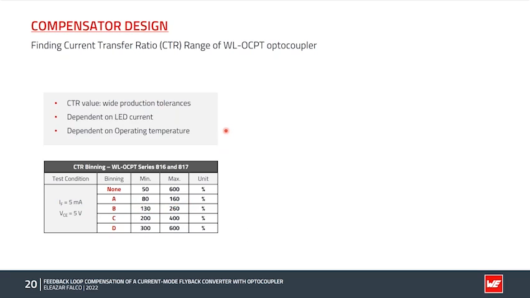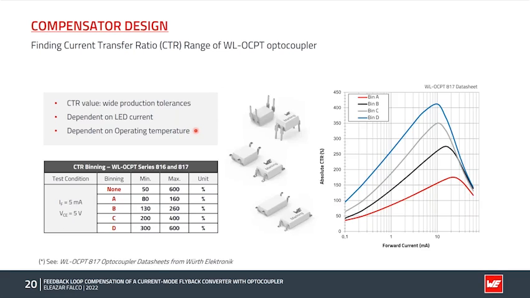It is, however, important to mention that the CTR also changes with LED current and with operating temperature. That means that for a different DC bias condition, the CTR range will also be different. And here in the image, we can see the dependency of the CTR, absolute CTR, versus LED current for the 4 different binnings of the WL-OCPT 817 optocoupler series.